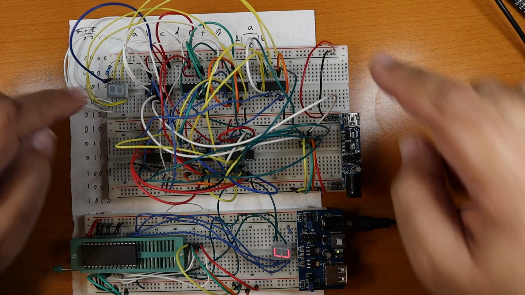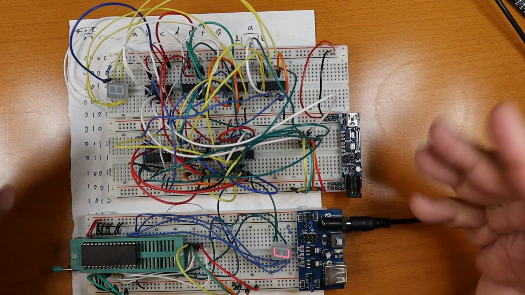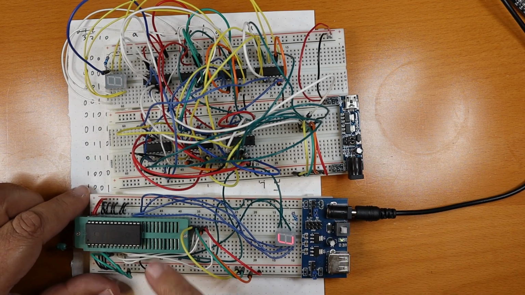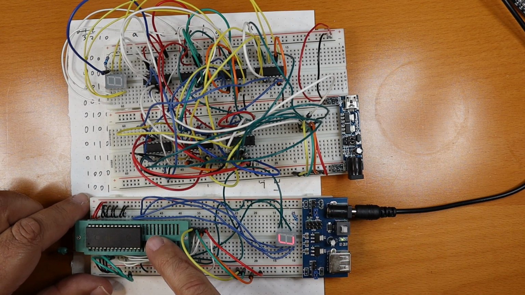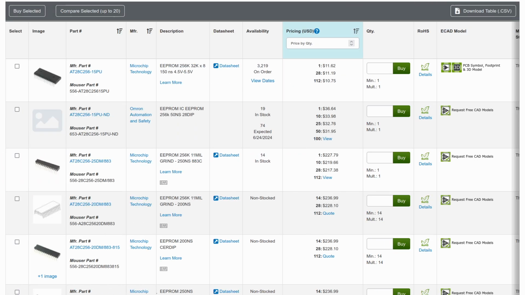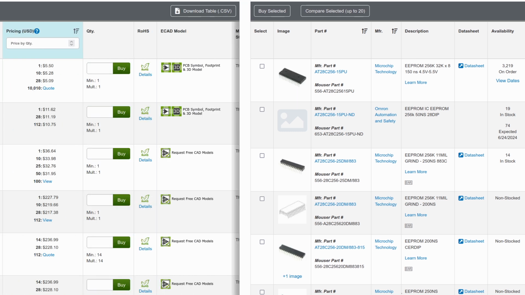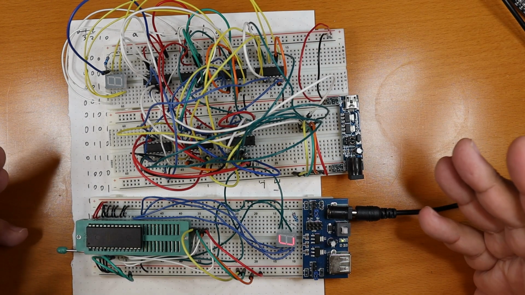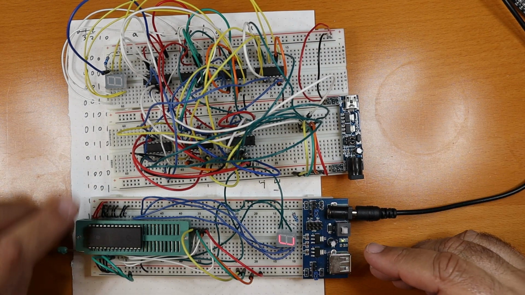This means that the entire logic here costs $3.50. The 32 kilobyte ROM costs over $11. Even if I downgraded the ROM to something smaller, the lowest I can go is $5. So this thing is way, way more expensive. Well, none of them are actually expensive, but you get the drift.